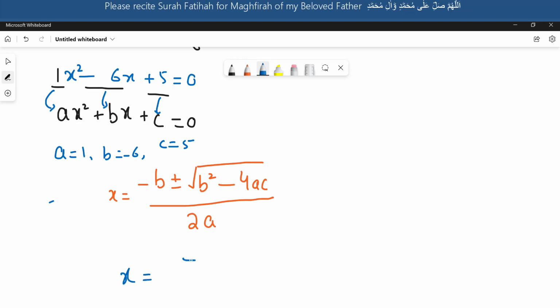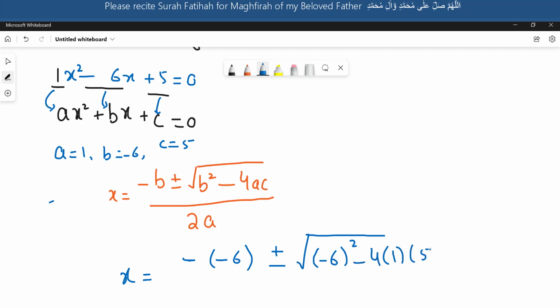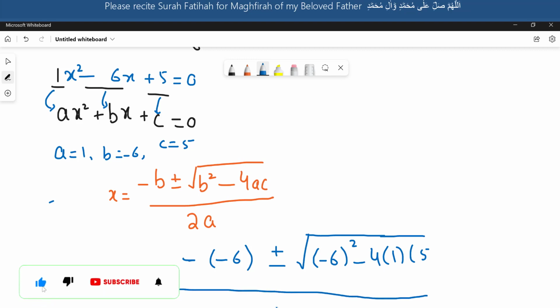We are going to put the values inside the quadratic formula. So, minus minus 6 plus or minus the radical of minus 6 whole squared minus 4 times 1 times 5, upon 2 times a. The value of a is 1.